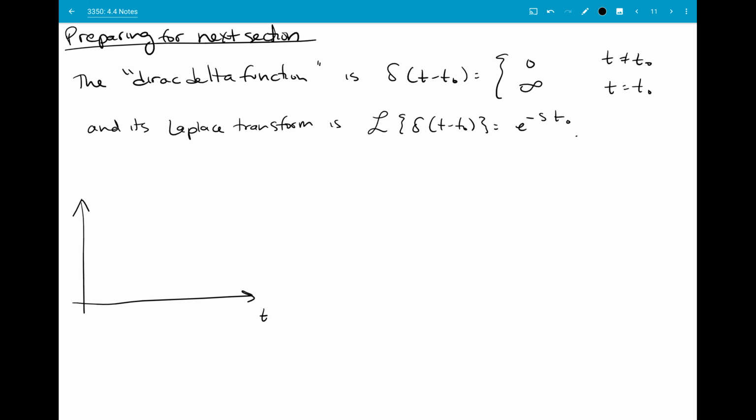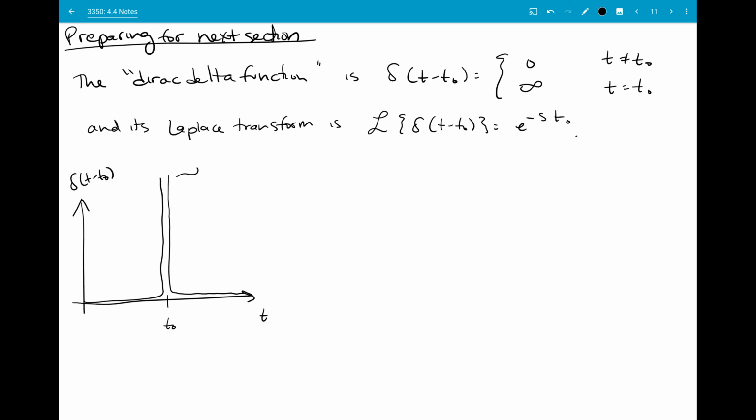So the delta function is something that takes in input time, and something special happens at t0. So this function is 0 everywhere, and then at t0 it goes up to infinity. I'll make a little hole, so it goes up to infinity.